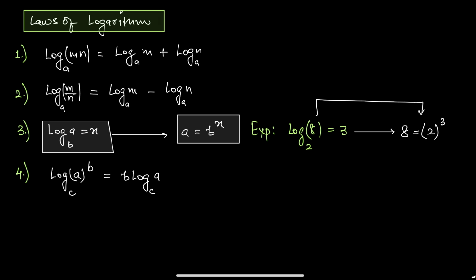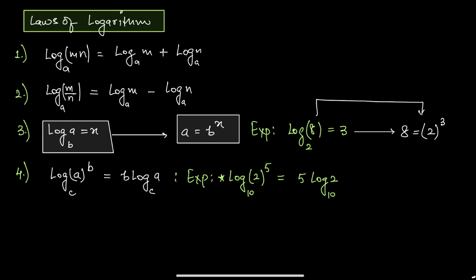This formula is also very important, and to understand it, let's take an example. Suppose we have log of 2 with the power 5 and base, let's say, 10. So we can write it as 5 times log of 2 with base 10. This is going to be very useful while solving equations and questions based on log.